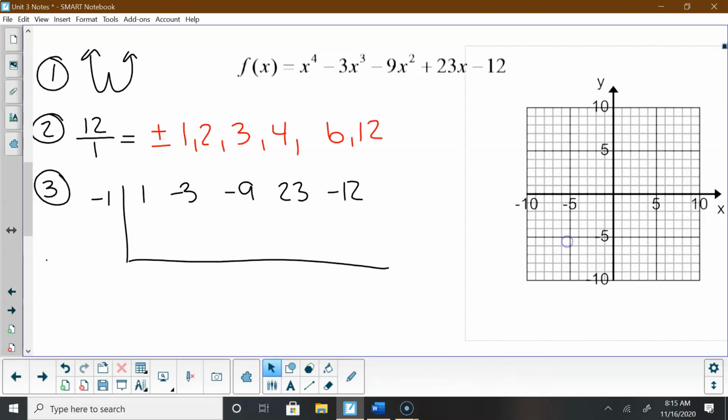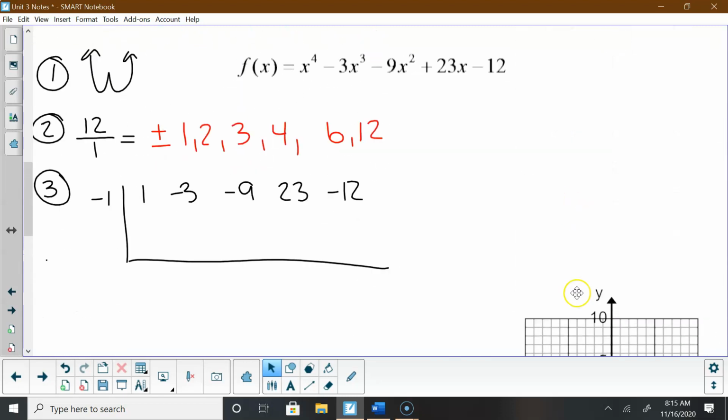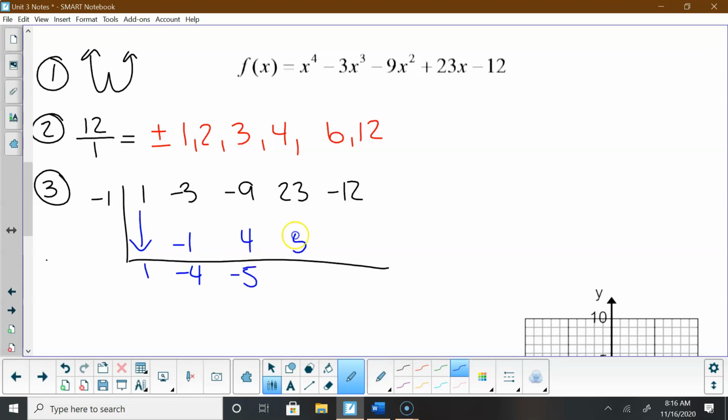I'm going to do this so we have some more room to double check. Alright, ready? Drop down my 1, negative 1, negative 4, positive 4, negative 5, positive 5, 28, negative 28.